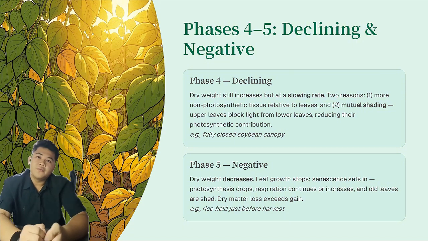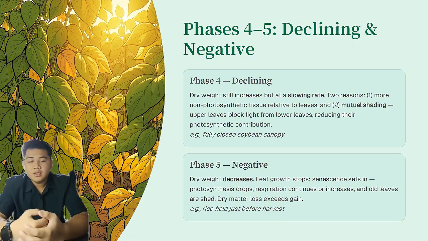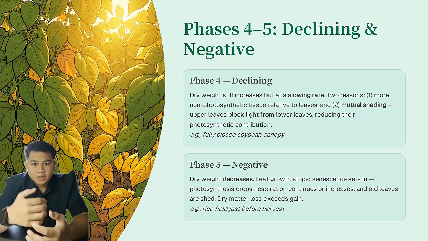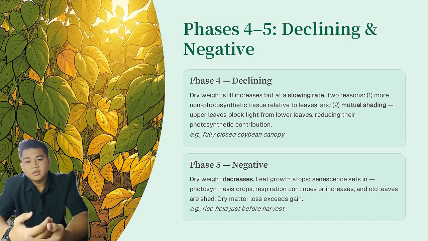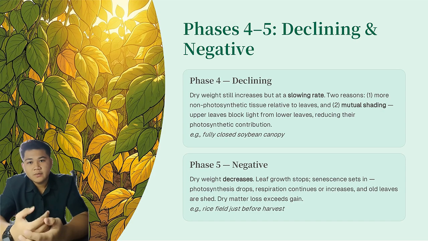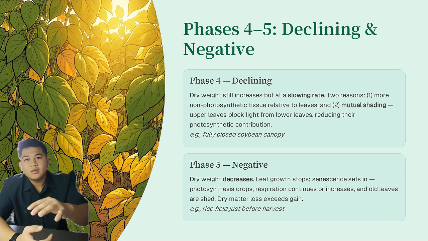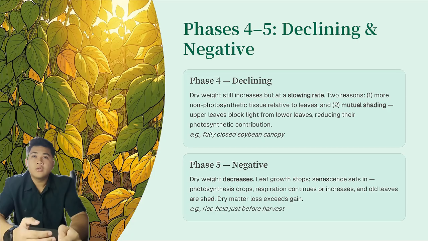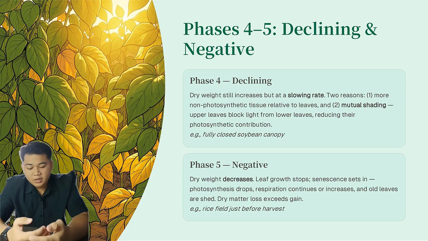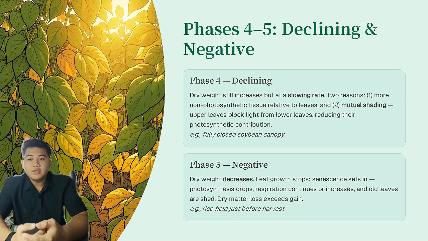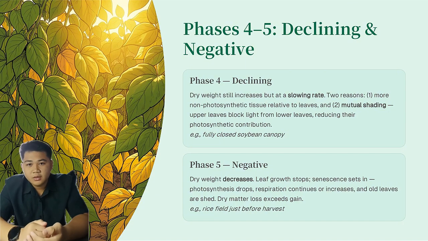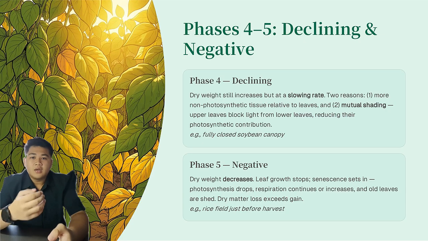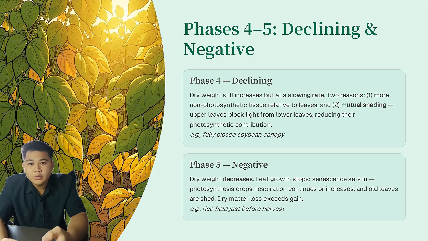Finally, phase 5, which is the negative phase. In this phase, we see the curve slowly going down towards zero, which means the dry weight decreases over time. Why does this happen? Because the plant is senescing, meaning growing old.